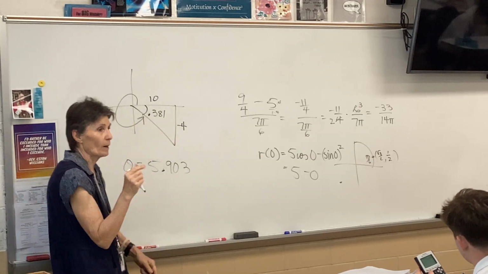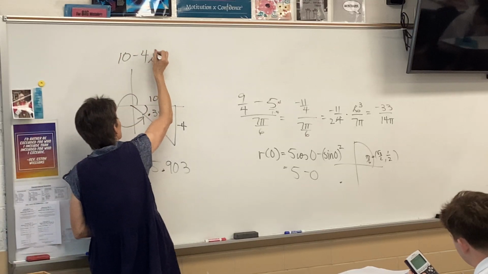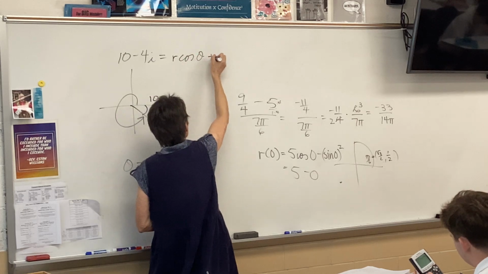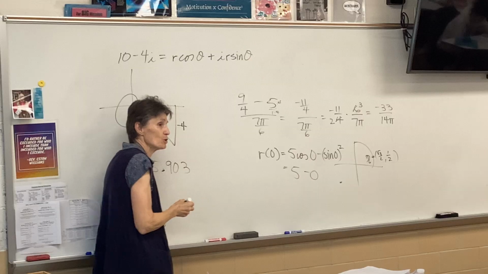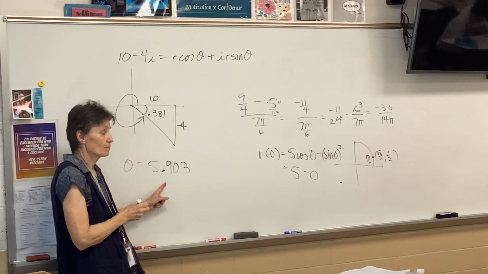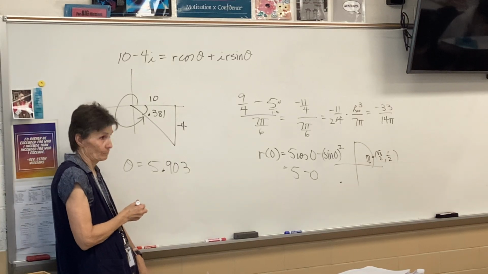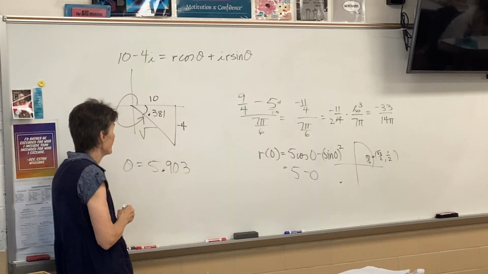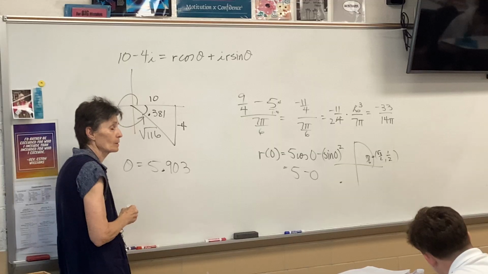Now what else do I need? I'm trying to change this number into polar form, which is r cosine theta plus i times r sine theta. That's my goal. That's what I'm shooting for. So now I know my theta. How do I get my r? Yep. So it's going to be the square root of 116.